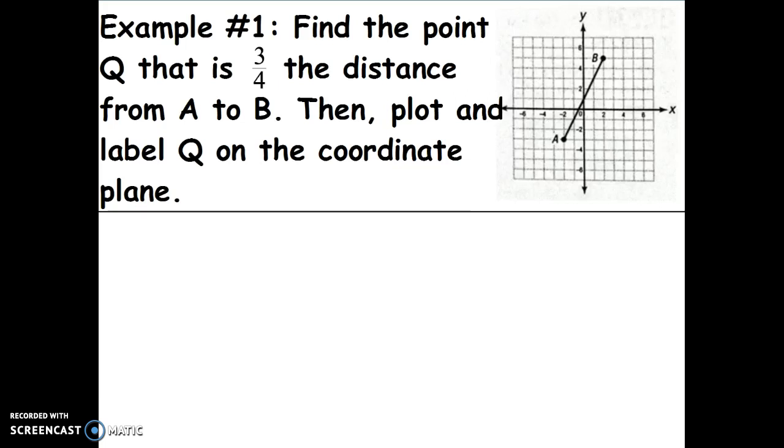As far as this figure over here, you don't have to draw a whole coordinate plane and everything, but you do need to draw the line segment. Go ahead and just sketch it on your notebook paper. Draw a line segment, label the points A and B. Before we start anything, we need to identify what these points are. Looking at A, this ordered pair is (-2, -3).